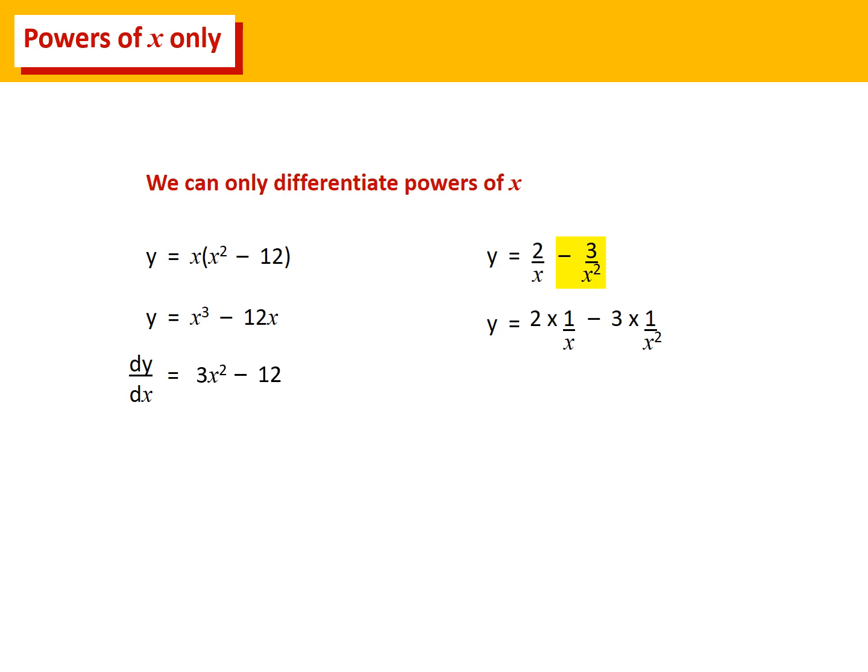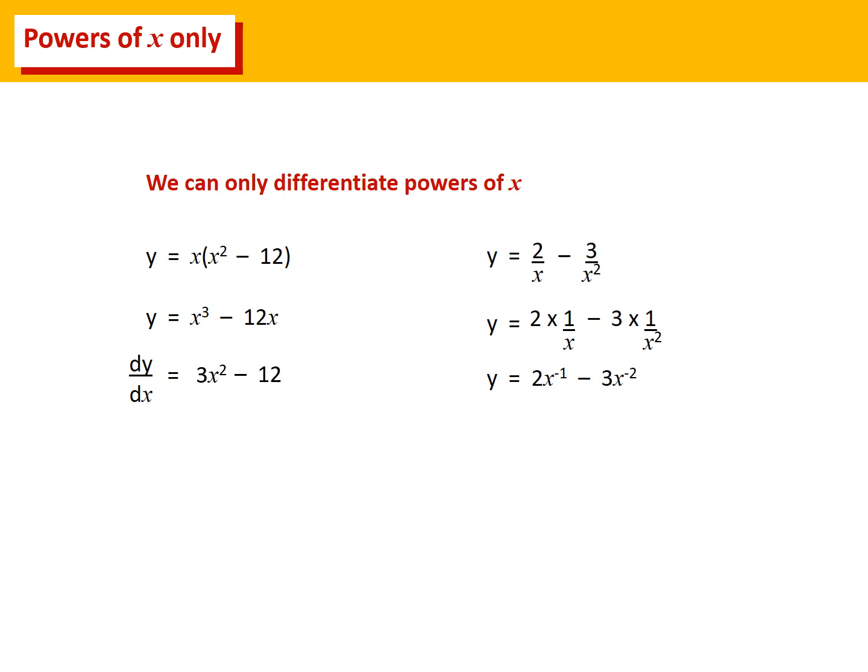Now, my expression as written here still isn't in terms of powers of x. I'm going to do that now. 1 over x is x to the negative 1. So timesing that by 2 becomes 2 times x to the negative 1. 1 over x squared is x to the negative 2. So 3 times 1 over x squared is 3 lots of x to the negative 2.